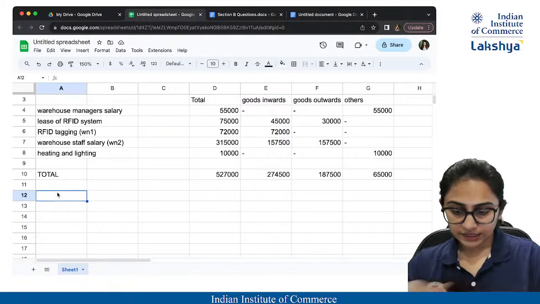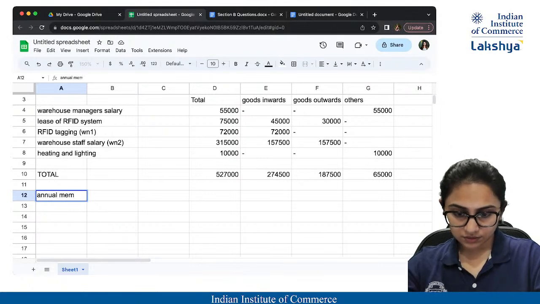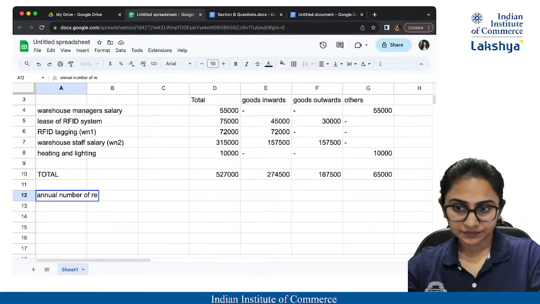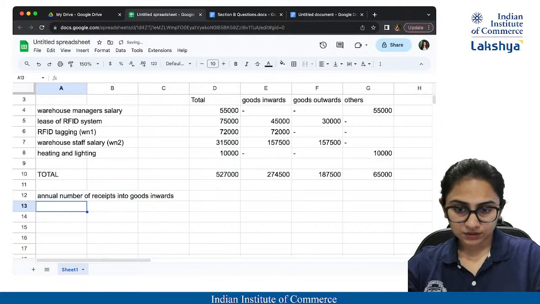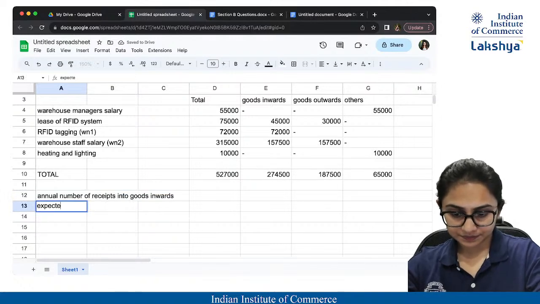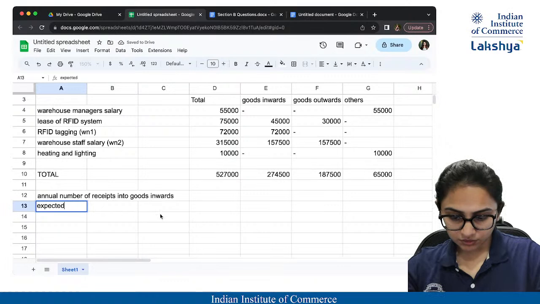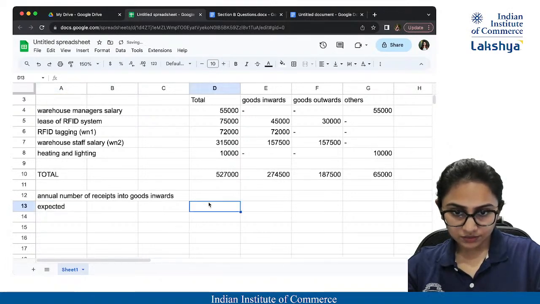So after that I'll write annual number of receipts into goods inwards expected is how much? 9,000.